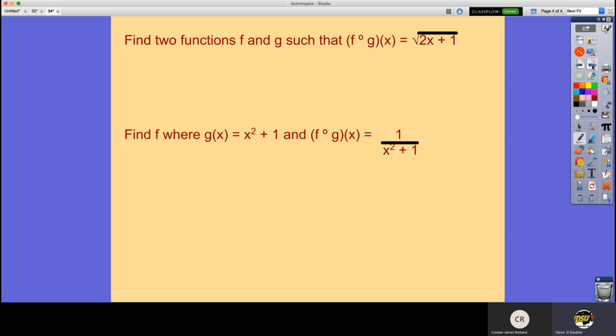All right, last page, and then we're done. Find 2 functions, f and g, such that f of g of x equals the square root of 2x plus 1.